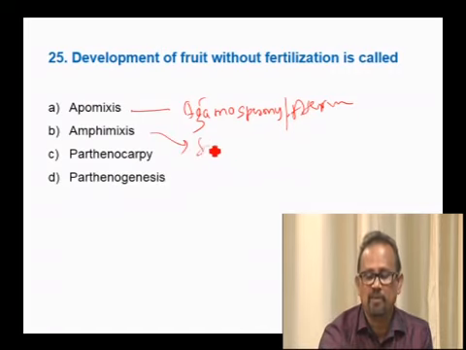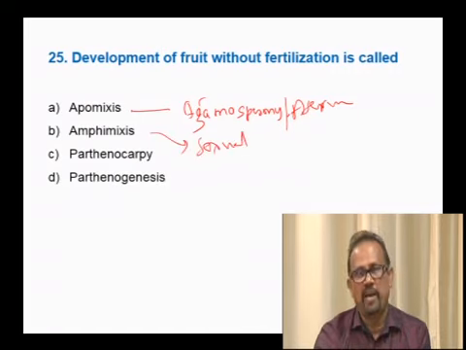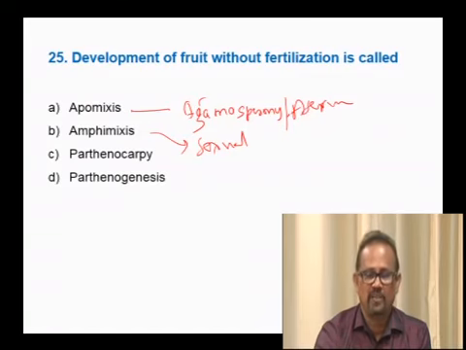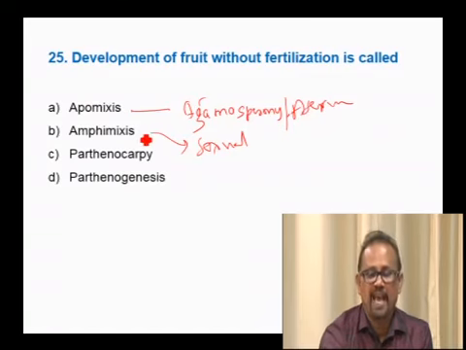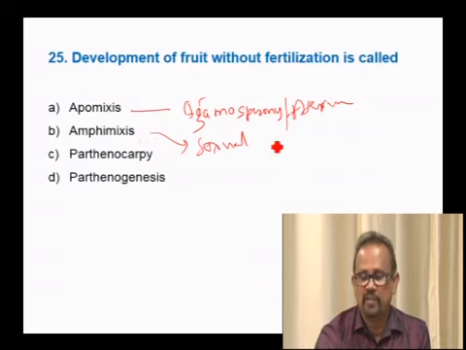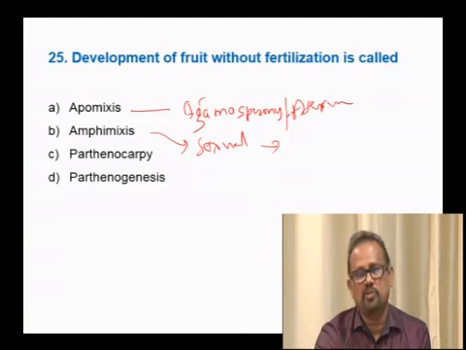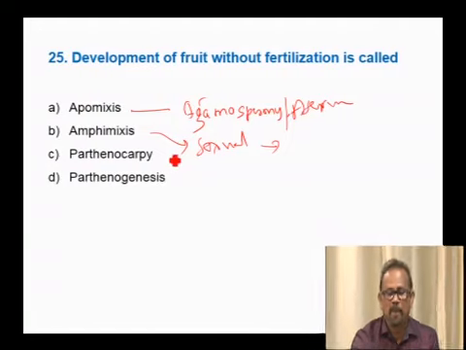Amphimixis is nothing but sexual reproduction where the pronucleus of the sperm fuses with the pronucleus of the egg to form a syncaryon, a zygotic nucleus. So it is a sexual reproduction, fusion of male and female gametes to form a zygotic nucleus.